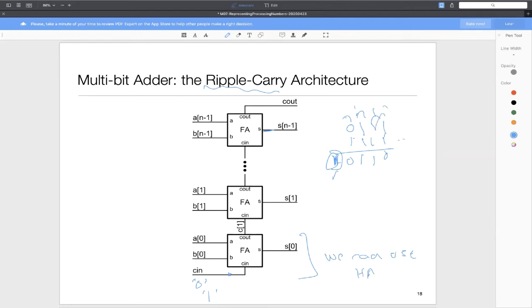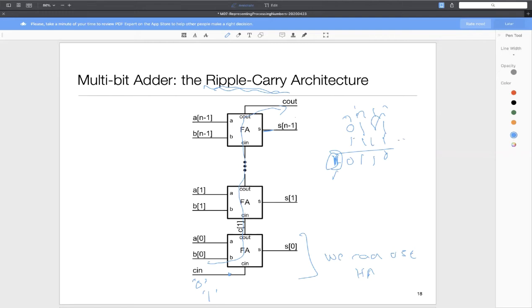So the circuit really has to wait for all of this to go through. If you were to change the carry from 0 to 1, there might be a chain effect. Because of this chain, there's a very long path through my circuit, going through all the bits. That's why it's called ripple carry. Carry is rippling throughout this architecture.